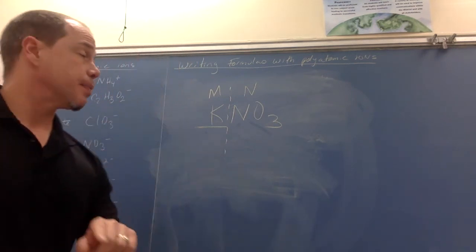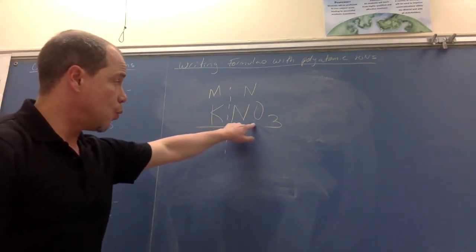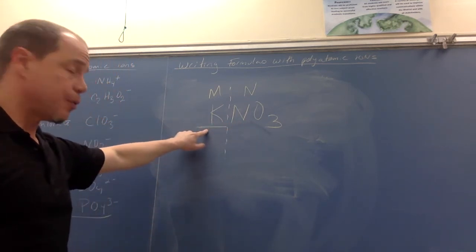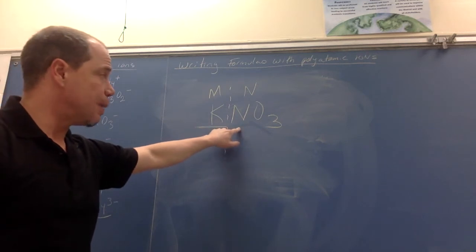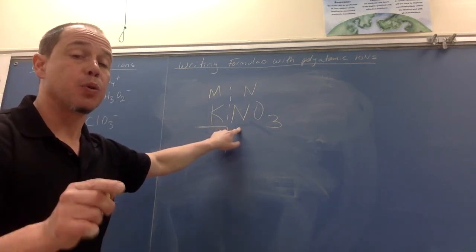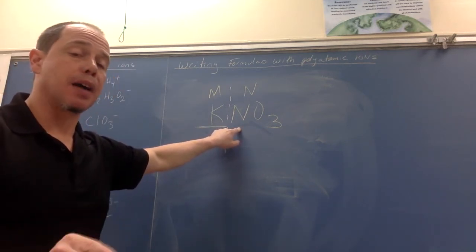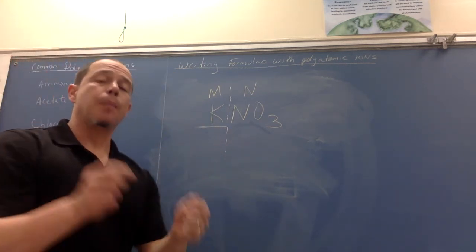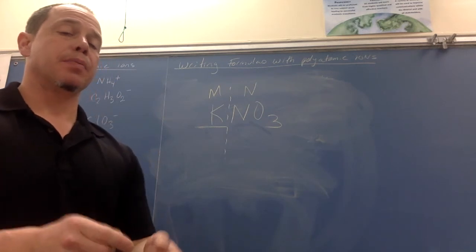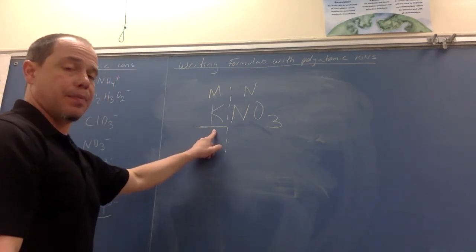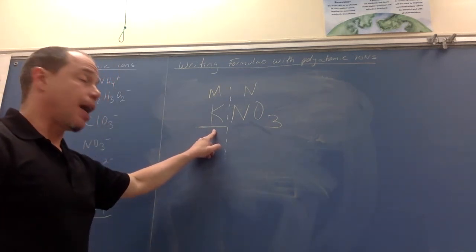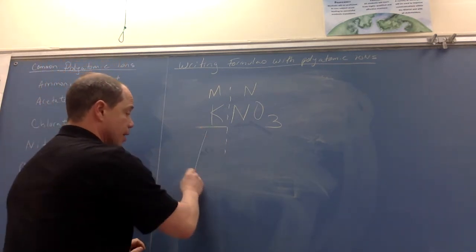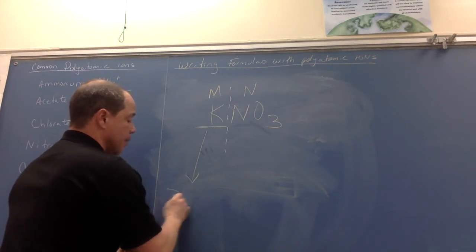And the reason is that having 2 or more nonmetals after the metal tells me that I'm most likely dealing with a polyatomic ion. So now that I've separated these things out, I'm going to name them individually here, okay? So the first one is K. We know K. K is on the periodic table, and K is potassium. So all I have to do for the K is write potassium.